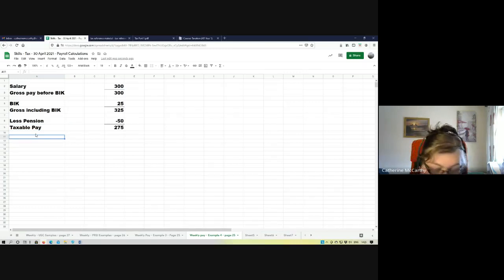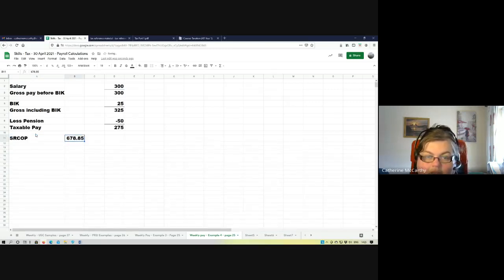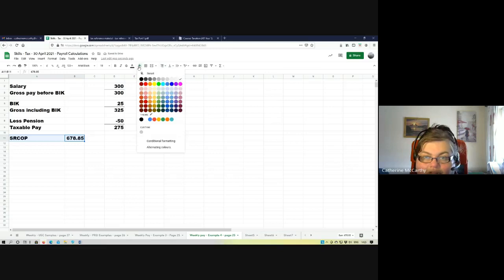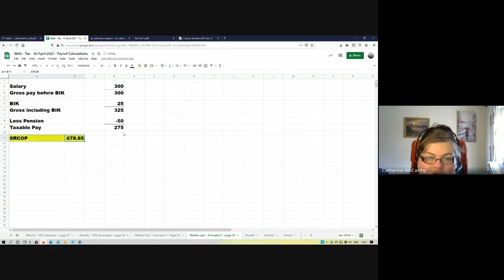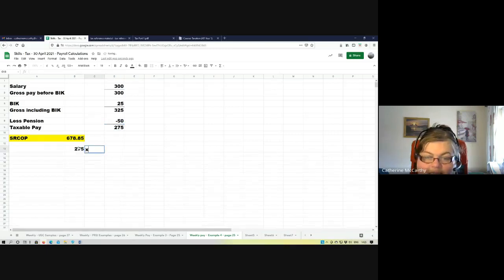The standard rate cut-off point is 678.85, but he doesn't need all that cut-off point. He only needs €275. So the 275 will be at 20%, and that is €55.